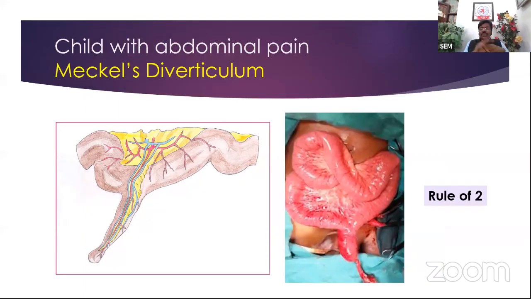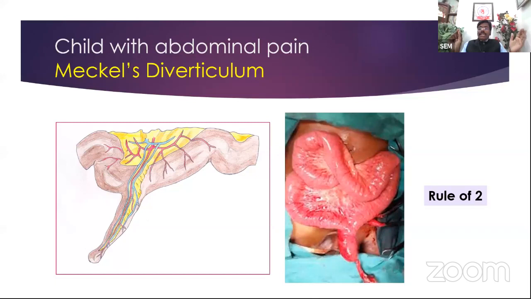Coming to the two important things you never forget in a child. Meckel's diverticulum. What is Meckel's diverticulum? Remember, it is a true diverticulum. What is a true diverticulum? A diverticulum which has all the layers of the intestine: mucosa, submucosa, muscularis propria, and serosa.